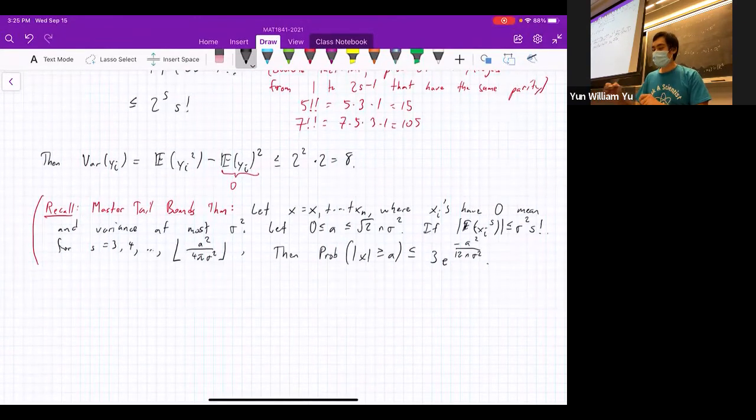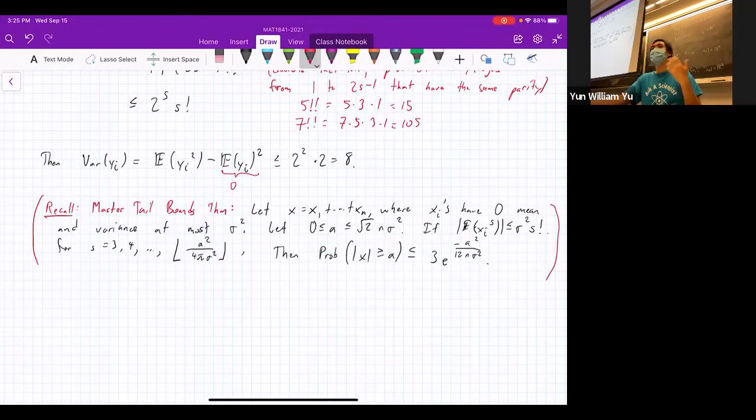So now, unfortunately, can anyone see any problem with applying this theorem? Are there any conditions that we're not satisfying? Let's take it step by step. You need to change the variable names, of course, since now we're looking at these yi's.